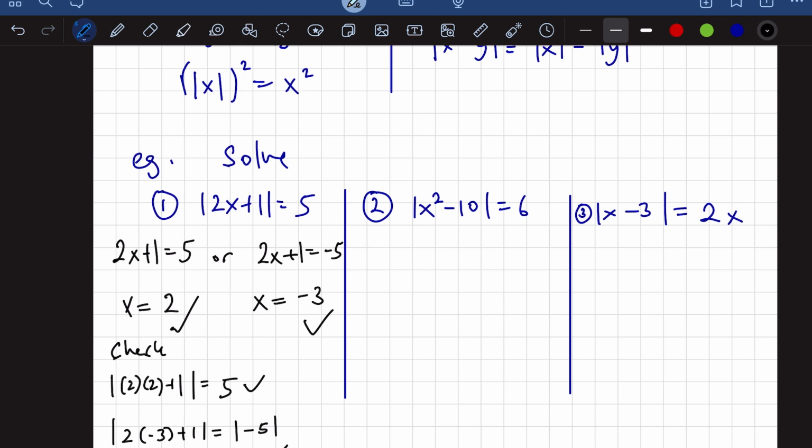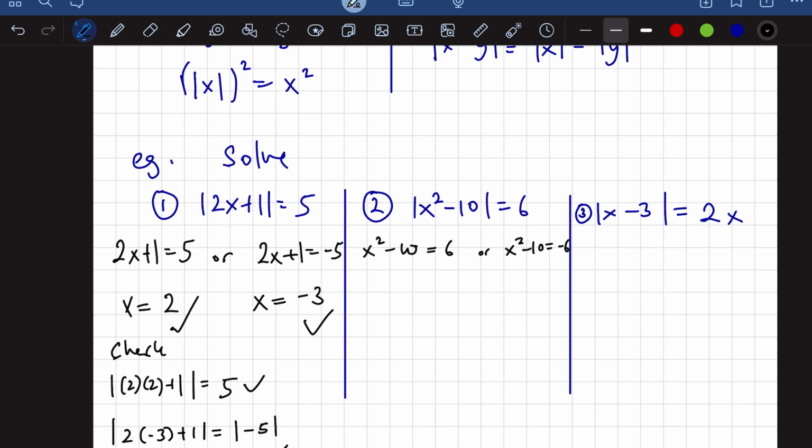Let's try the next one. This is the modulus of x squared minus 10 equals 6. Some of you will recognize that this is almost like a quadratic equation with the modulus sign. The process to solve it is very similar to the first one. We split it into 2 possible equations. The first is x squared minus 10 equals 6, and the second is x squared minus 10 equals negative 6.